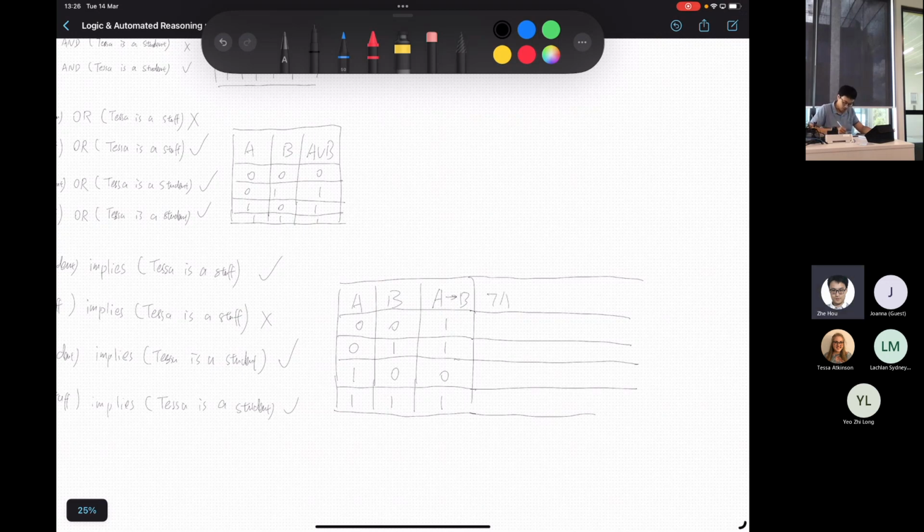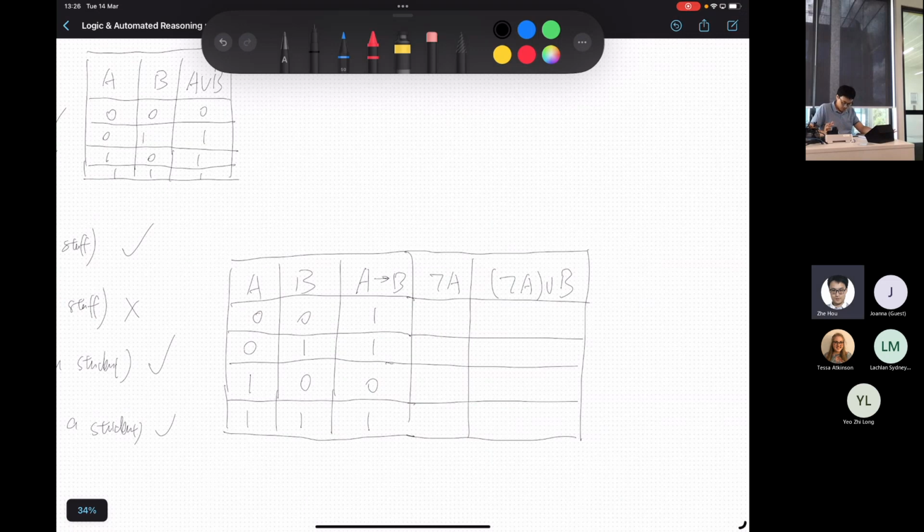What we want to have eventually is not A or B. Actually, we don't need to extend it that long. So what we have here is an extended truth table. What about this column of not A?